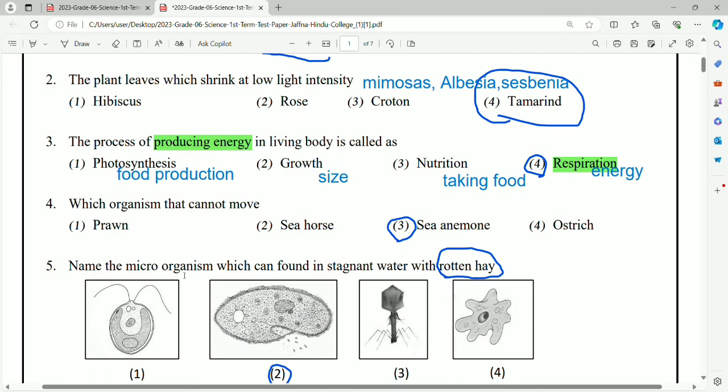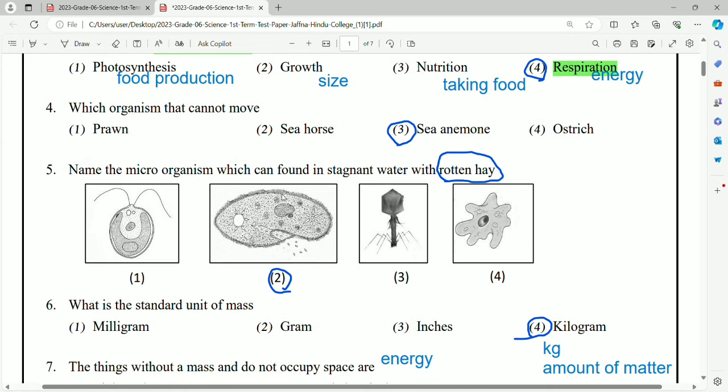The answer is the fourth answer. Which organism cannot move? All organisms show locomotion, except sea anemone and coral polyp. Those two animals do not show locomotion. Name the microorganism present in rotten hay water.